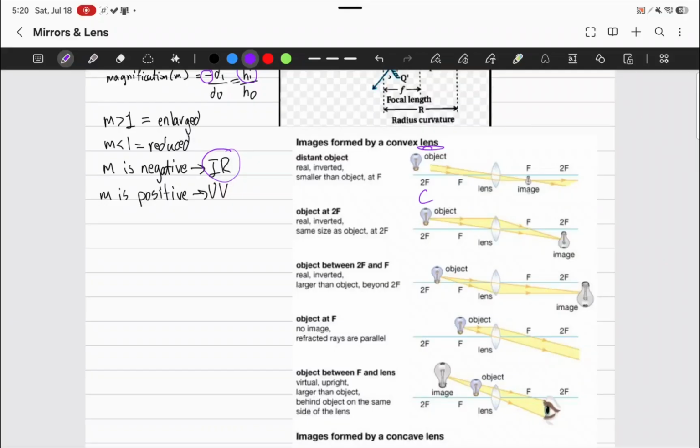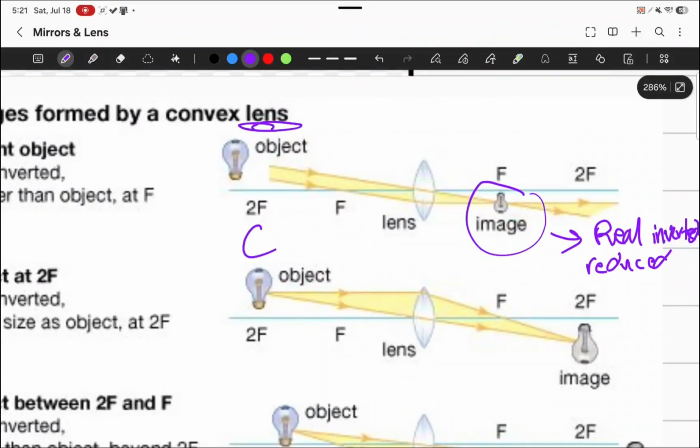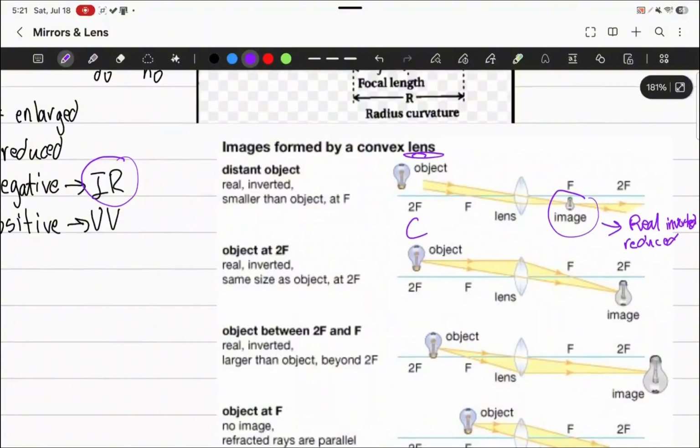Then you notice that it's smaller and it's real, but it's inverted. Something else, it's reduced. Look how much smaller it is compared to the object.